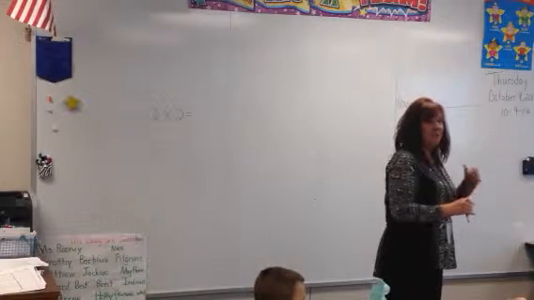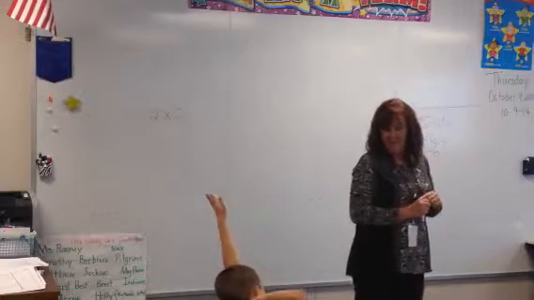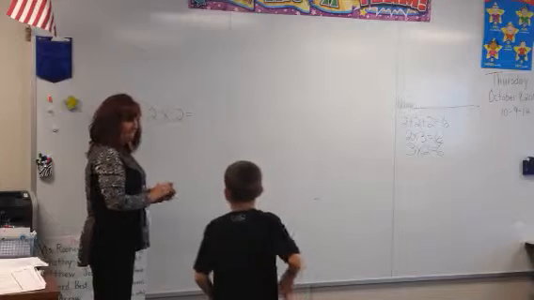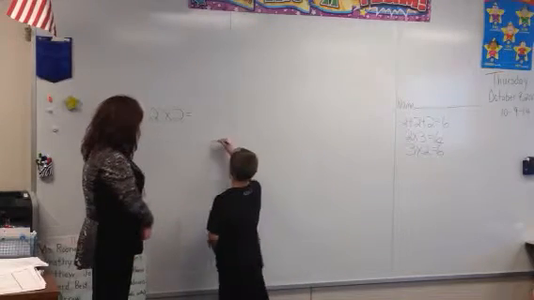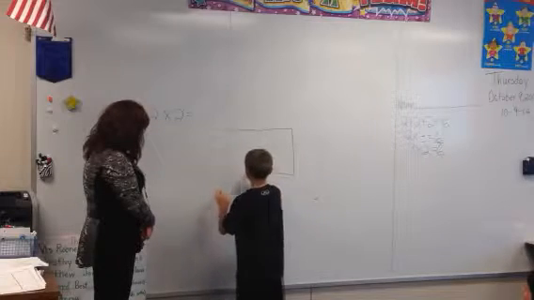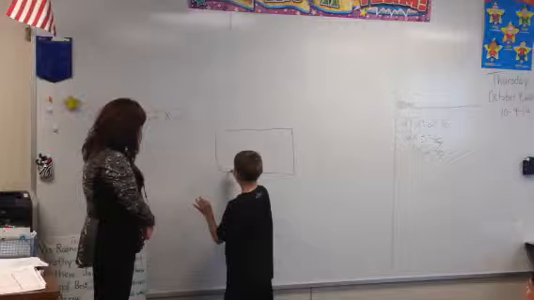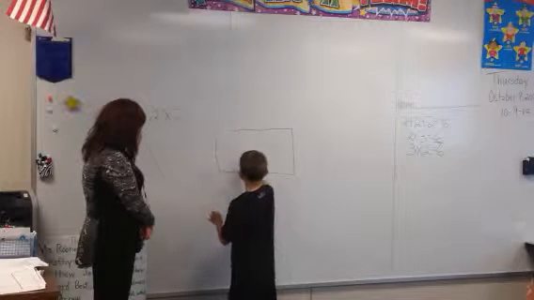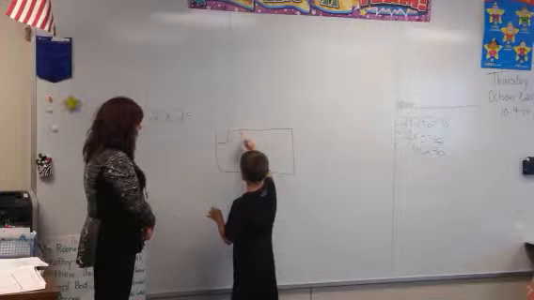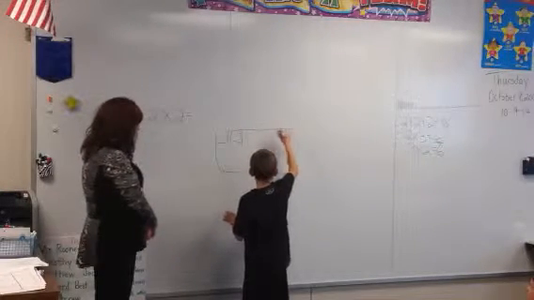Who wants to come up and show me on the board what they think 2 groups of 2 would look like? Tate, why don't you come up and show me? Can you draw me a picture of what 2 groups of 2 would look like? You could do some circles instead of having to draw the egg carton.